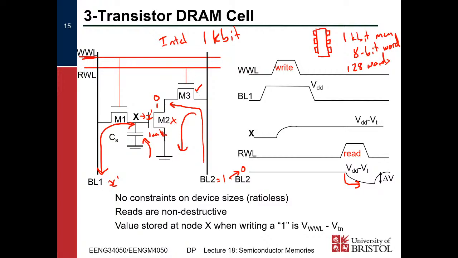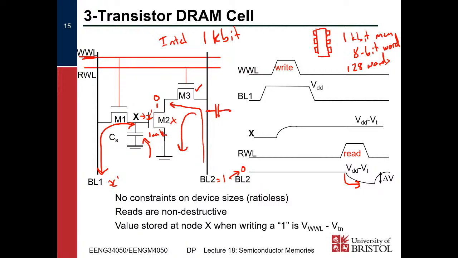When we're reading from the cell, it would be this capacitance instead, but notice how M2 disconnects bit line 2 from X. When we read from the cell, the capacitor on bit line 2 doesn't really matter because it's not able to redistribute charge from or to X, okay? Because it's separated from bit line 2 by M2.